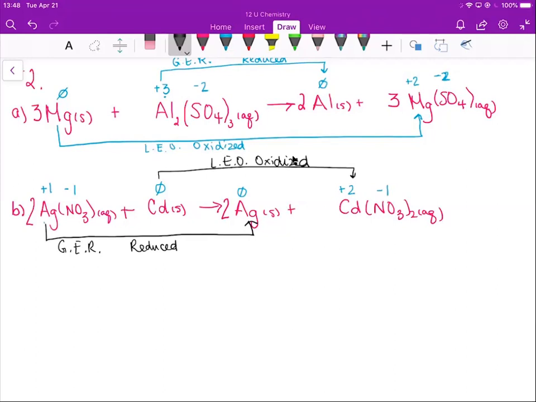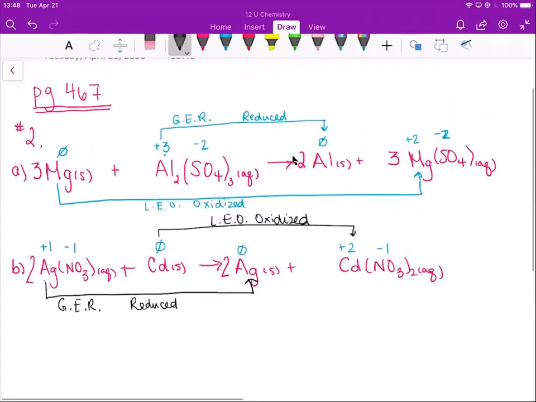And then number 4, it says identify the oxidizing agents and the reducing agent in each reaction. Now this is where it gets even more annoying. The species that was reduced is the oxidizing agent because it causes the oxidation of magnesium.